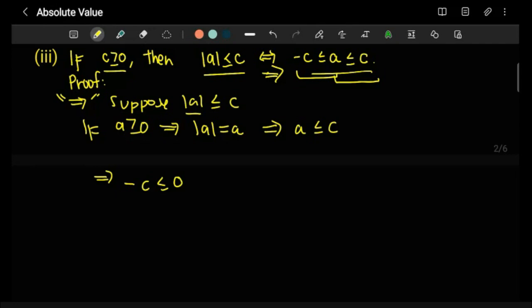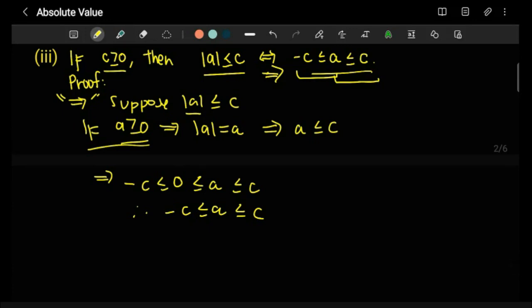But from the given, A is greater than or equal to 0. So meaning we have 0 less than or equal to A. But A is less than or equal to C. Therefore, we have the inequality negative C is less than or equal to A, less than or equal to C. So in this case, we are done, if A is greater than or equal to 0.